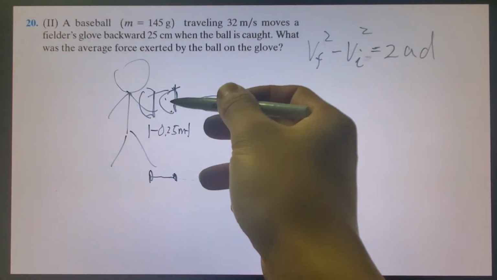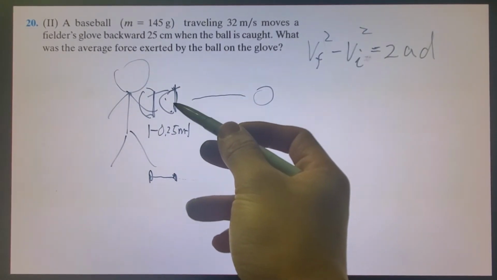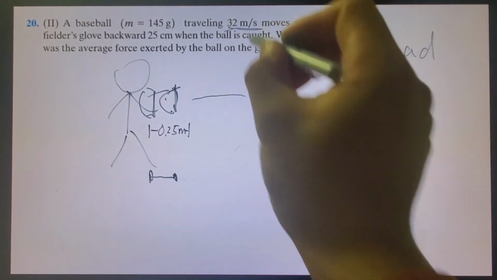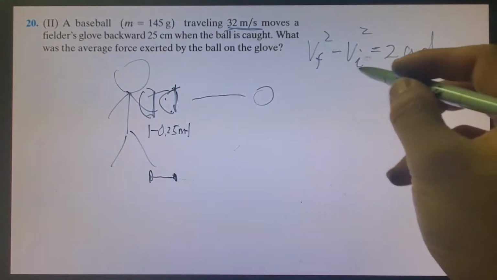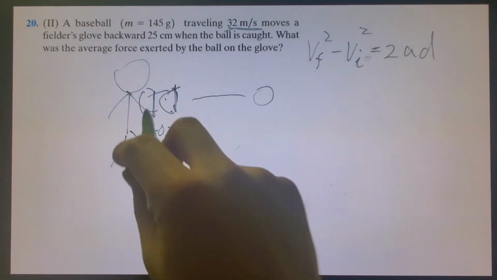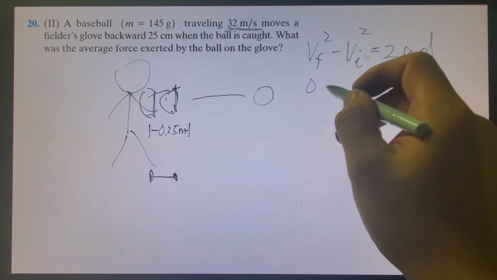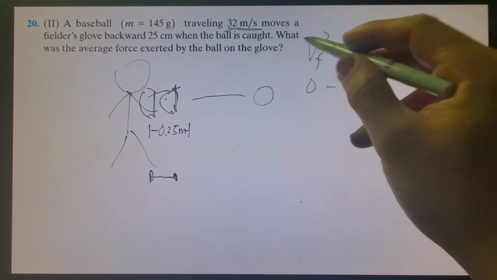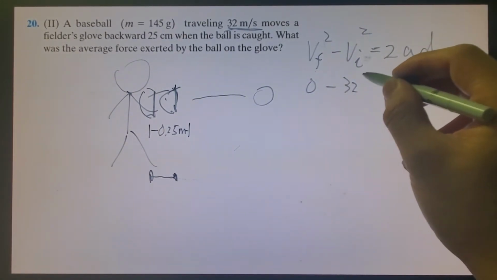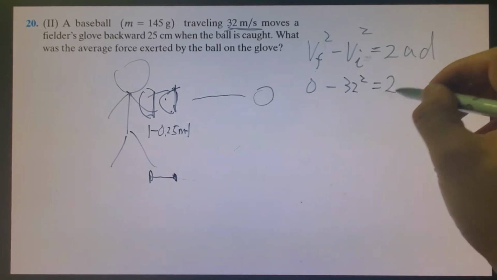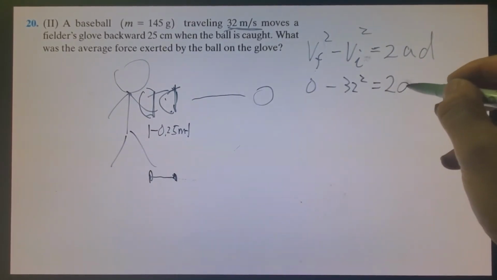Initial velocity, we don't know yet. Well, actually we know, it's given. And the final velocity, when it stops, will be 0. So 0 minus initial velocity, 32 meters per second, squared, will be equal to 2 times A times D.